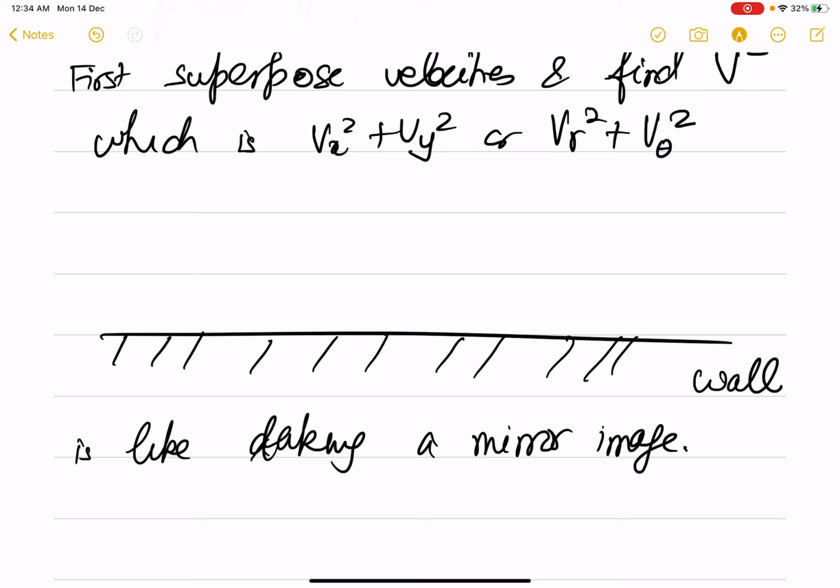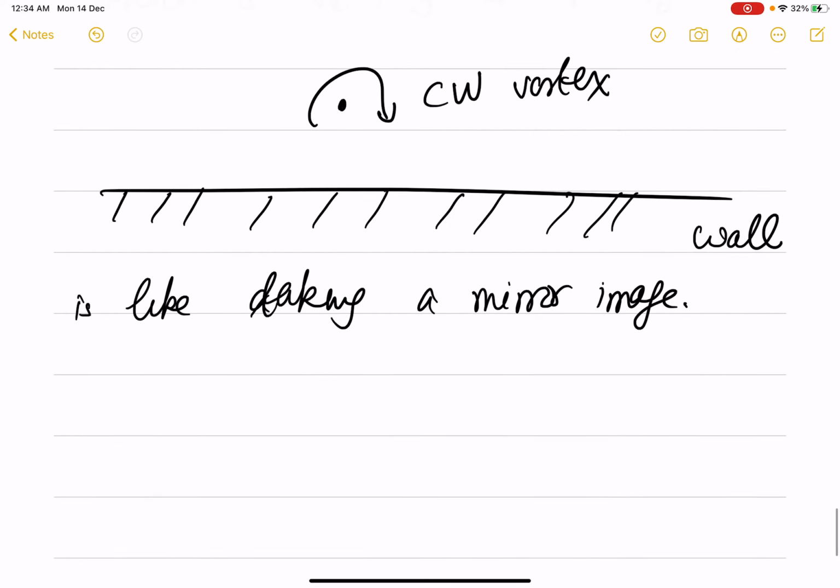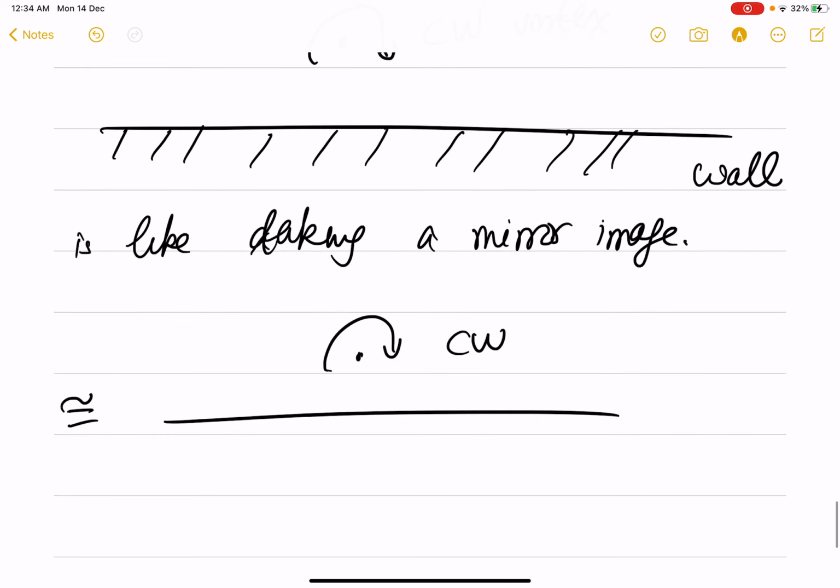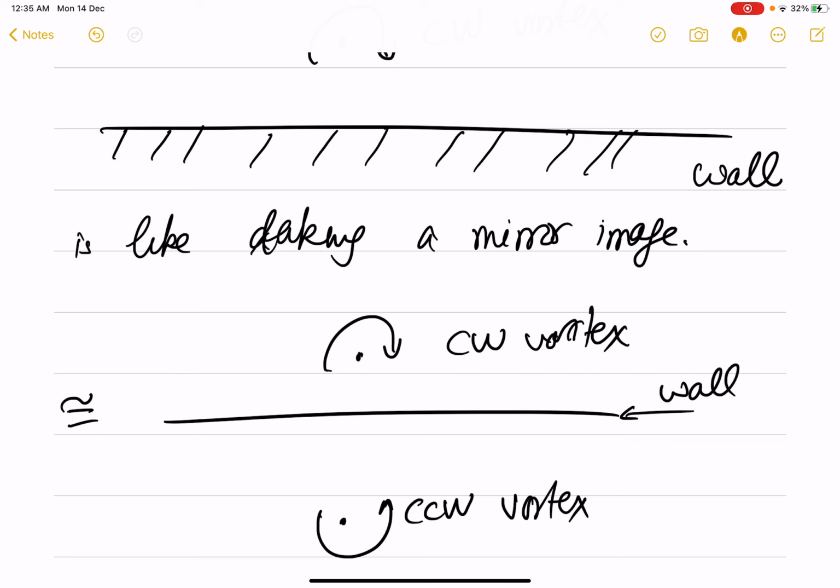So for example, if I have a clockwise vortex and a wall, this is equal to a clockwise vortex and its mirror image across the wall, which would be a counterclockwise vortex. And automatically when we superpose the clockwise vortex and counterclockwise vortex, this wall will be a streamline.